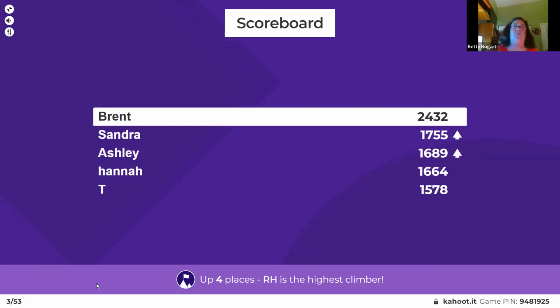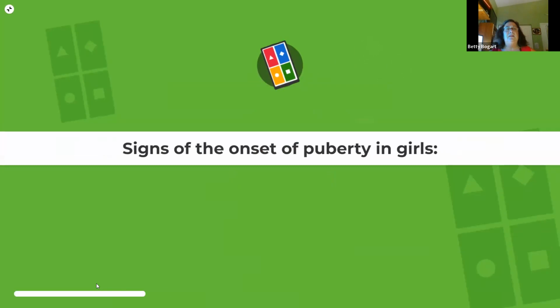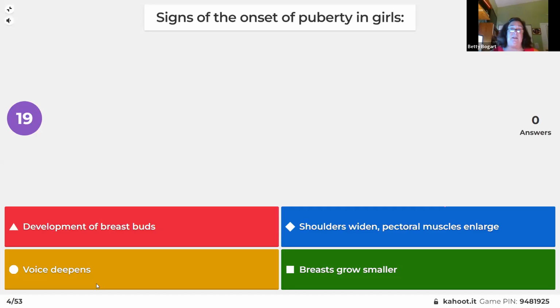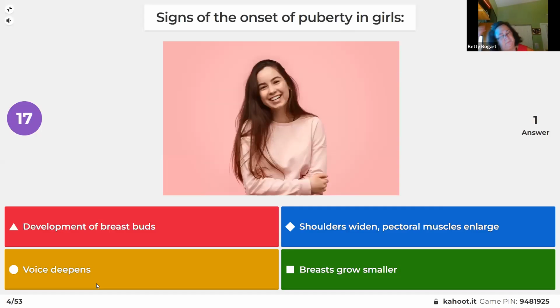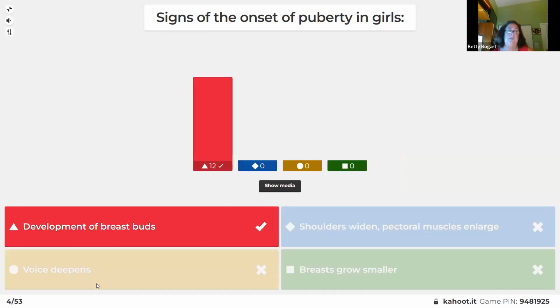That is a visual, something you can see. Signs of onset of puberty in girls is breast buds. Very good.